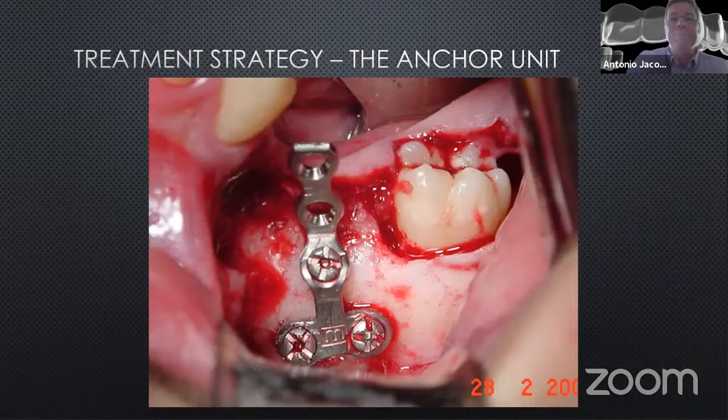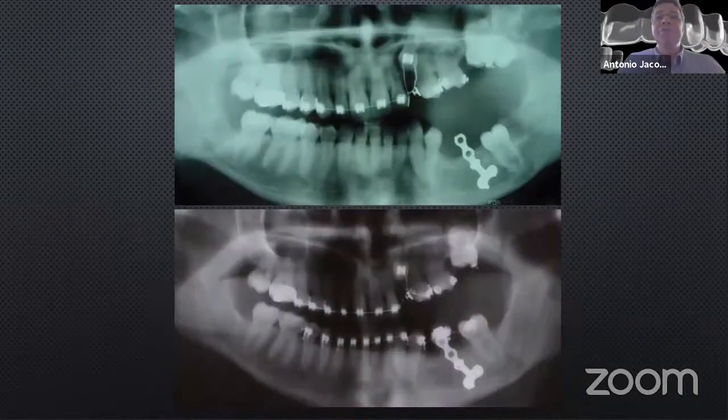It was not a Korean mini plate at this time, just to try to bring the molar up. She also had a canine ankylosed on the other side, and it did not work out. But the molar we tried to erupt worked very, very nicely. We just made a luxation, as if we were going to remove the tooth, and used the mini plate. I bonded a tube on this eyelet on the mini plate, and just erupted the molar.